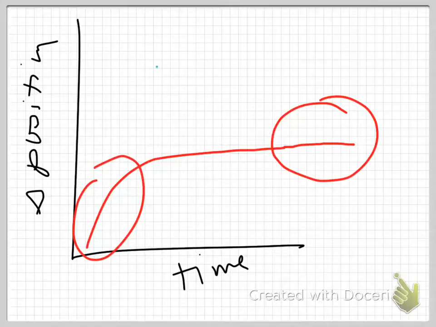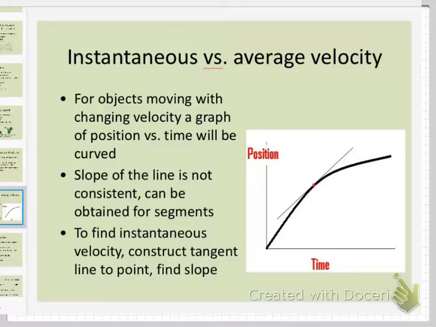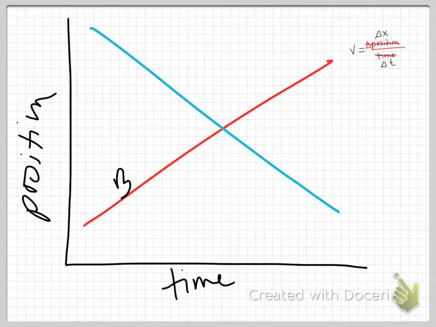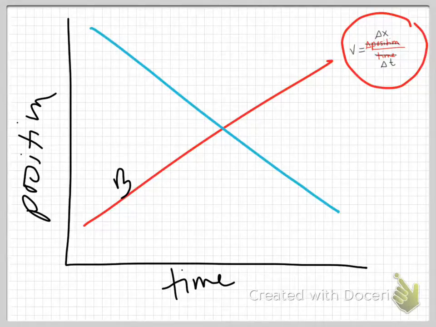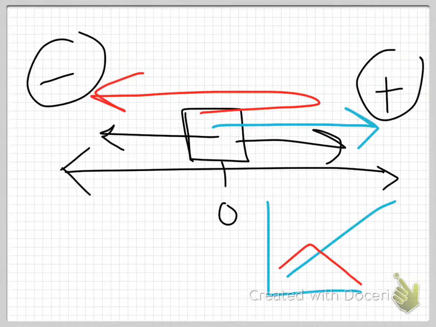Zero. And remember, we said that the slope of the line is equal to velocity. When that line goes flat, your velocity is 0. The steeper that slope, the faster that object is moving.